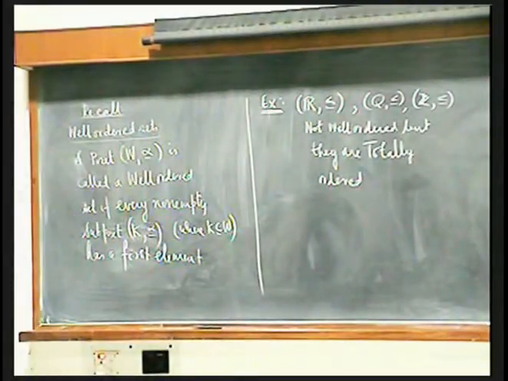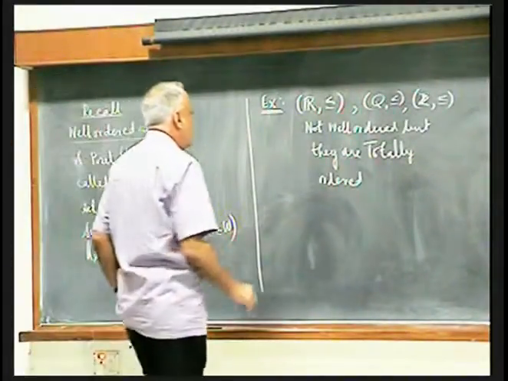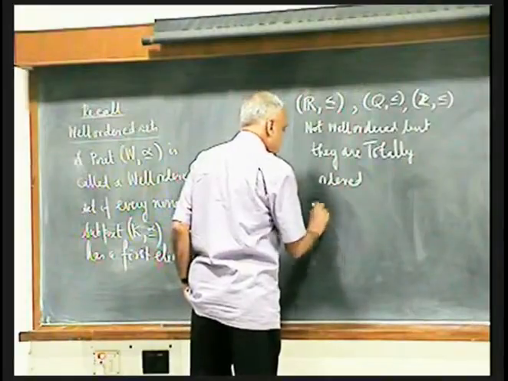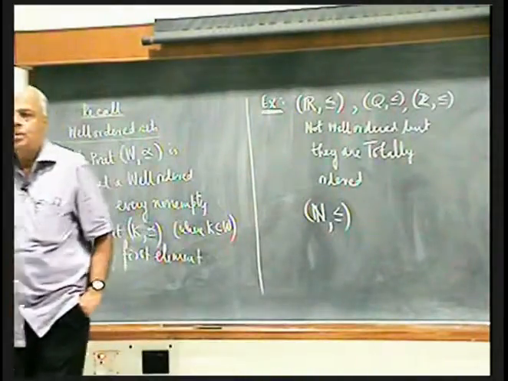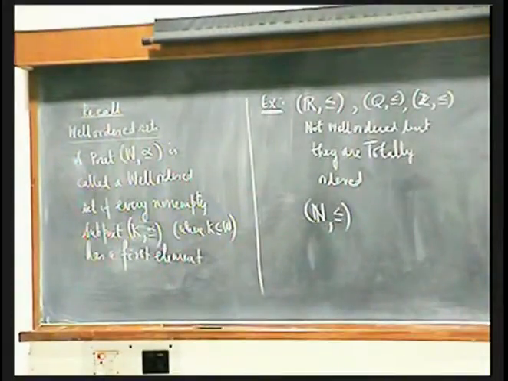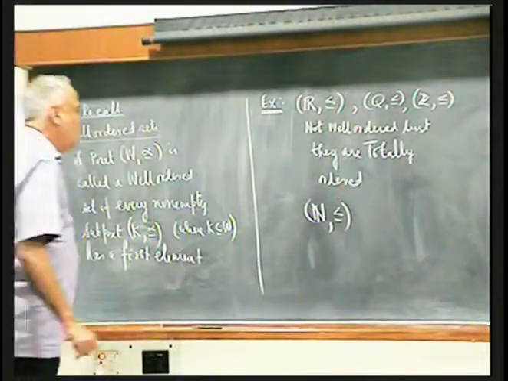Well-ordered sets are totally ordered, but the natural numbers with the less than or equal to, that's a well-ordered set.